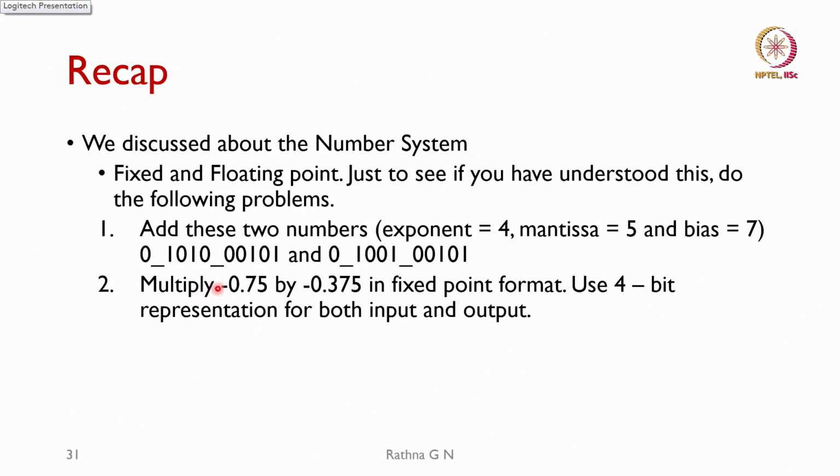So, you can trick me by removing the minus sign, but I want you to keep this minus sign and then do it in 2's complement, using 4 bits for both input and output. What will be the result, whether it is going to be correct or not, I want you to try it out, so that you can play with me in the number system in this fashion.